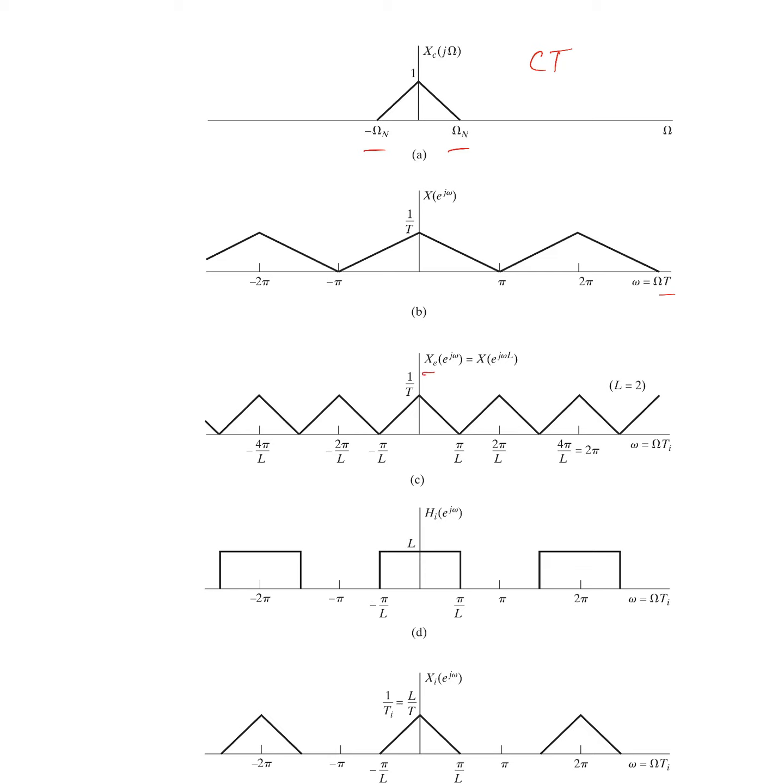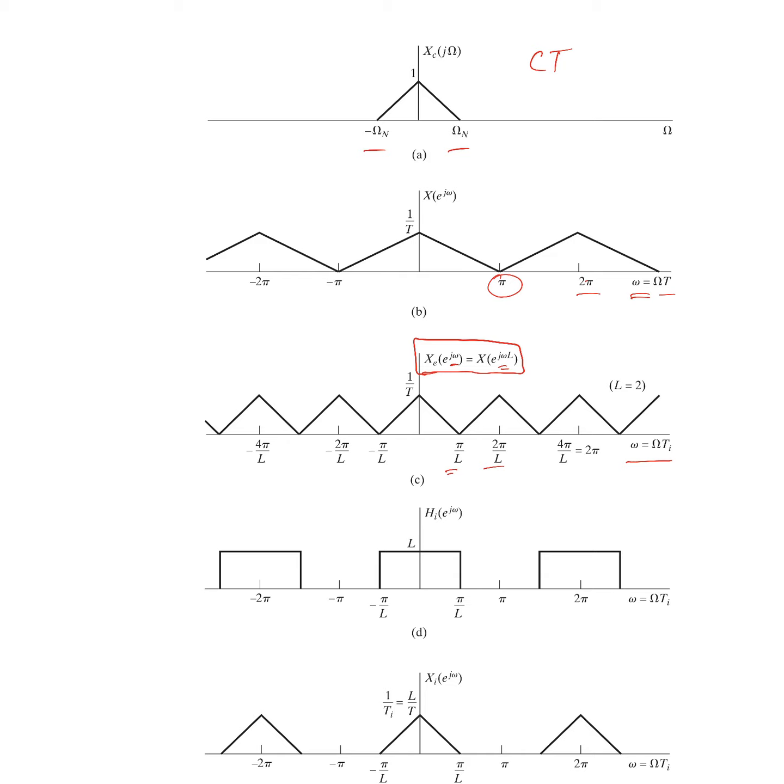Now using the relationship we have obtained, omega would be replaced by omega L on the x-axis, meaning I can write omega equal to big Omega Ti. So all these points where the signal goes to 0 would be shifted by pi by L. Pi becomes pi by L, 2 pi becomes 2 pi by L, so it will be drawn like this.